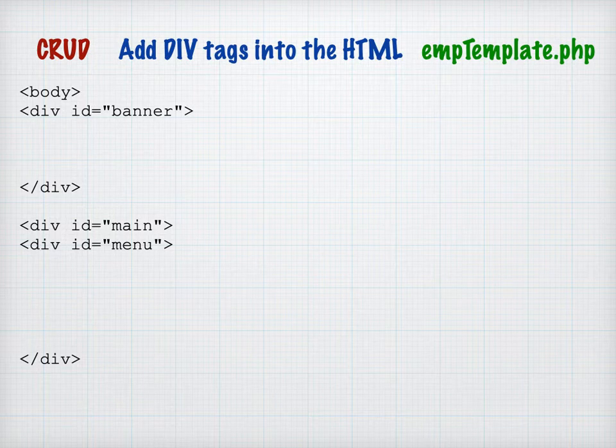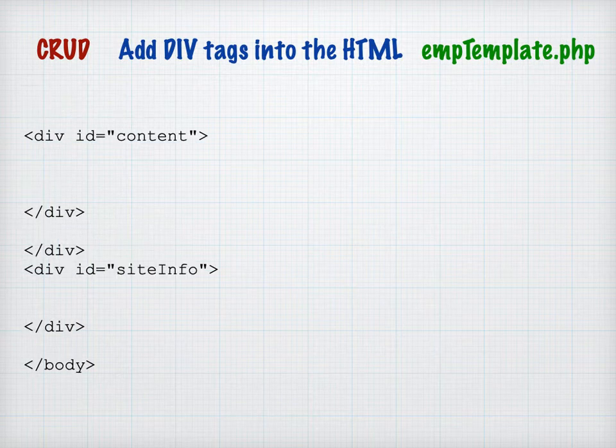So you can see at the top I've got a bit that's going to be the banner, and I've called that id equals banner. Then I've got a main bit, and that main bit's going to have a menu in it and a content bit in it, and then down the bottom we've got our site information. So in those gaps, that's where our HTML and PHP will go to make the site work.